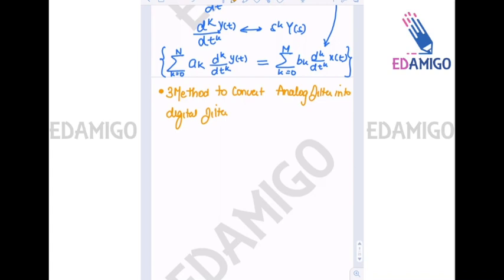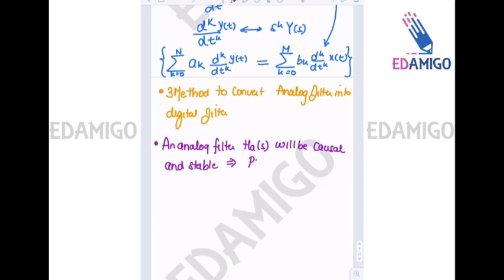An analog filter H(s) will be causal and stable. So what is the condition for causal and stable in the analog filter?